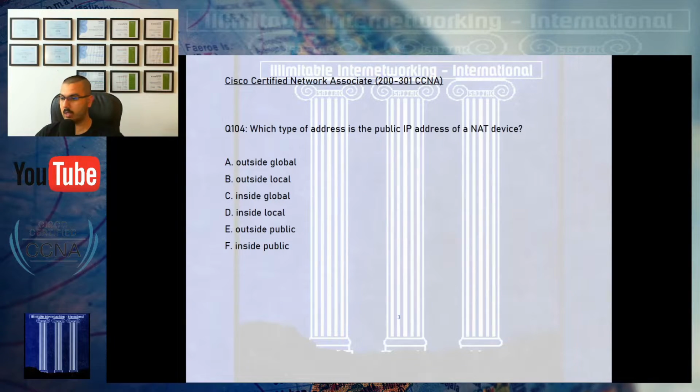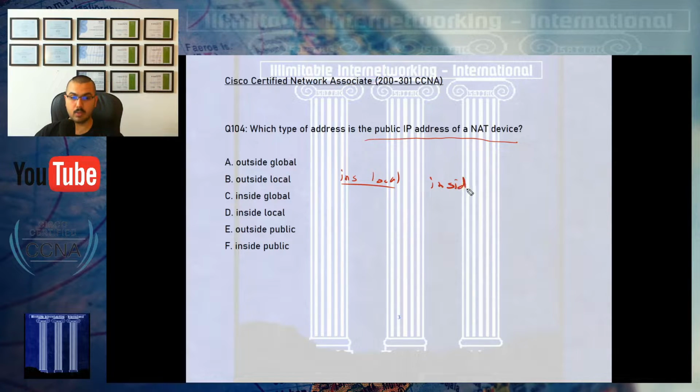Okay, jump to 104. Which type of address is the public address of a NAT device? Show IP NAT translations, after performing a NAT, will show you all the translations that you have done so far, and it will be like an inside local. This will be your private IP address of the organization.